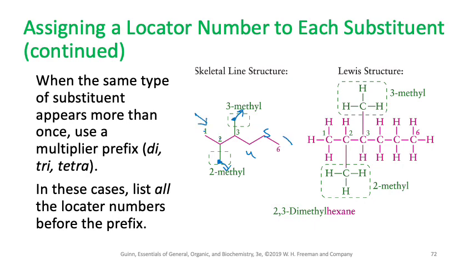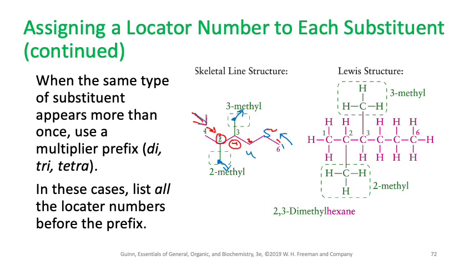Why can't we start counting from this side, 1 2 3? Because if I would have started from right to left, something like this, 1 2 3, the first substituent would occur on the 4th carbon, but over here it occurs on the 2nd carbon. So we have to do the counting from left to right this way, right?